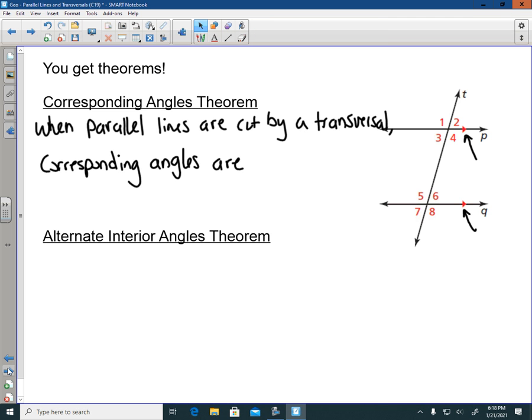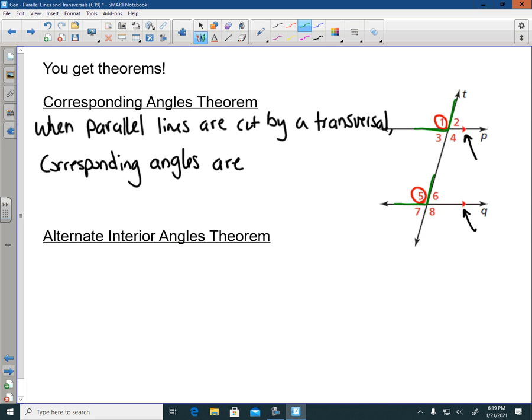So let's try to guess. Here's a set of corresponding angles, 1 and 5. They're corresponding angles. Same side of transversal, similarly arranged. Now look at angle 1. It looks like this. And look at angle 5. If you were to guess, would you say that those two angles were congruent or supplementary?